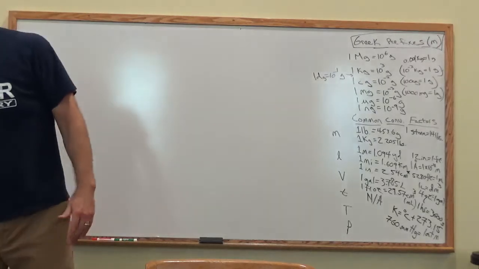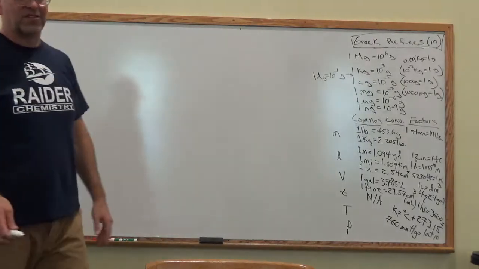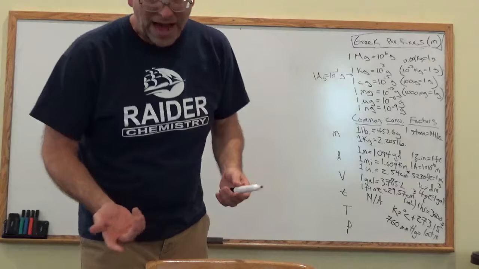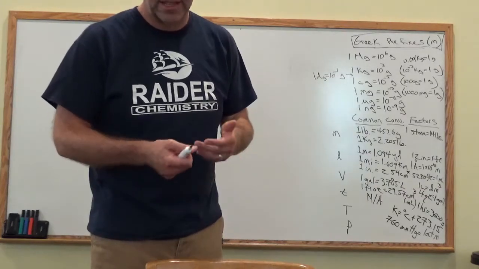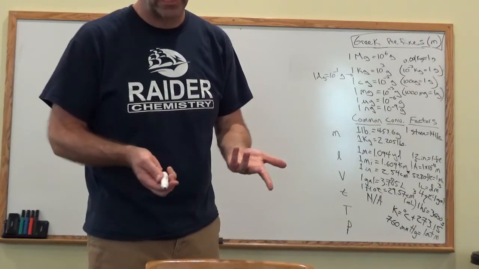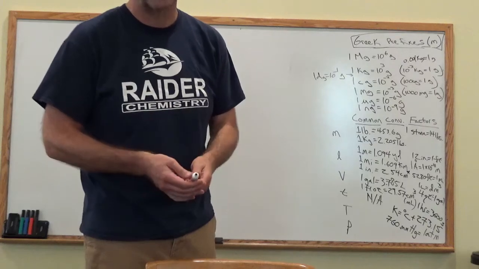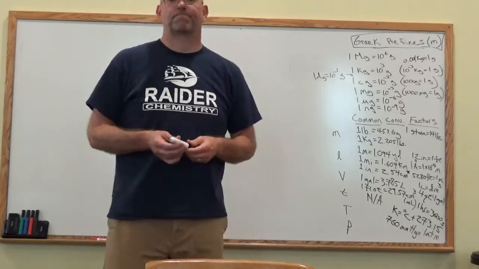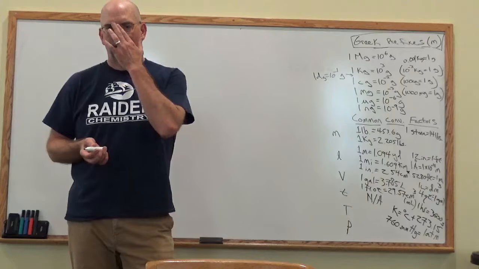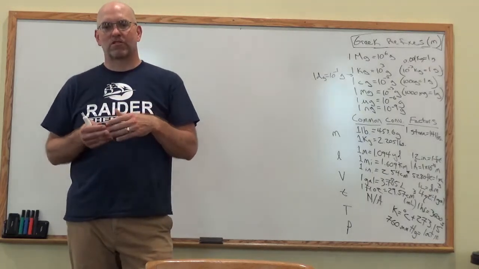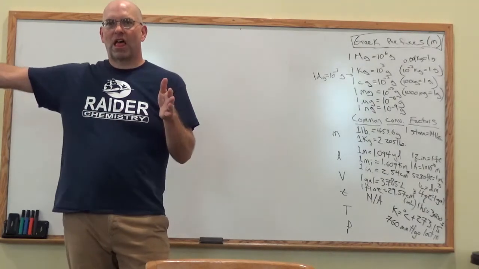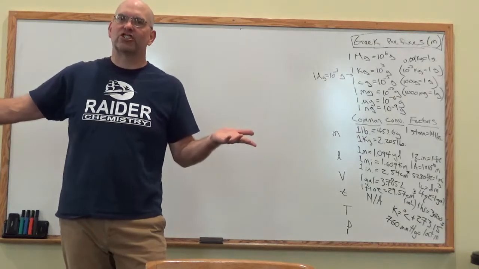Okay, so I'm switching over to the practice problems, where it says practice unit conversion problems and use scientific notation if appropriate. What does that mean? That means if you have a bunch of zeros, like 0.000000 blah, use scientific notation.